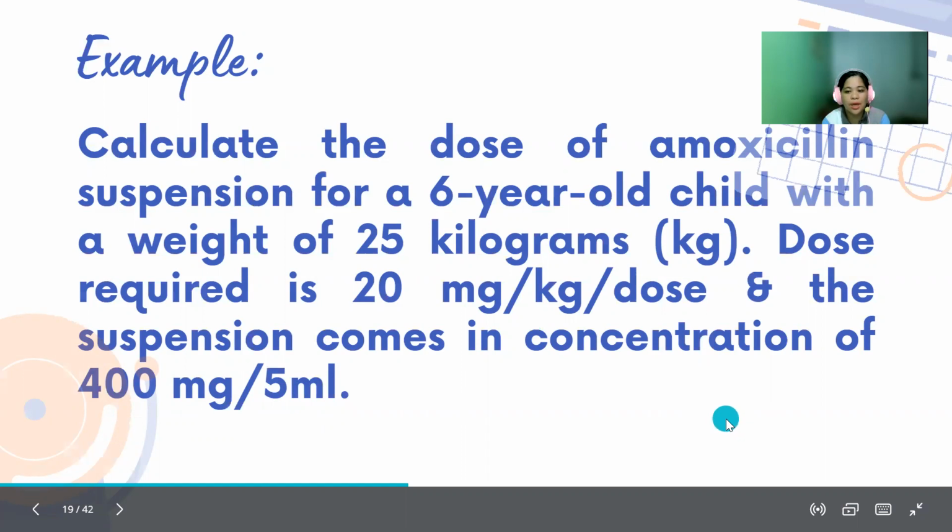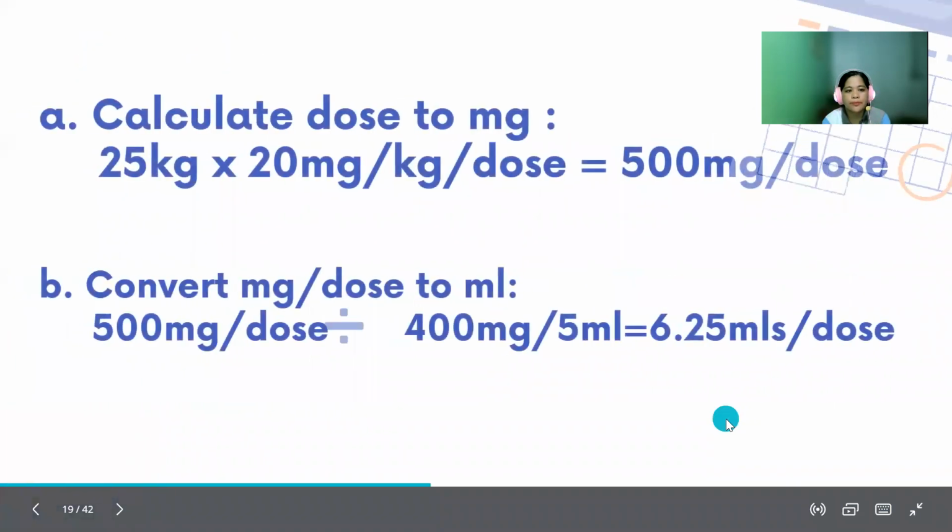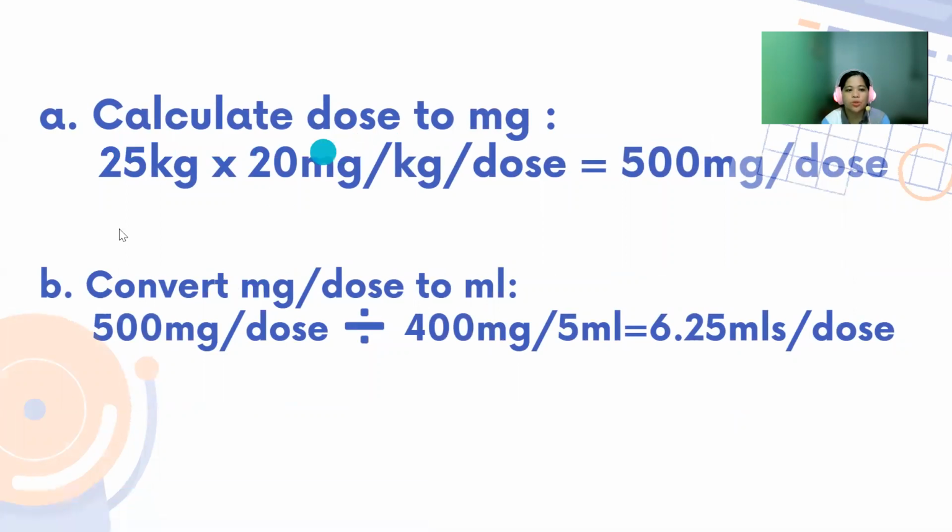So how would you do that? So first, calculate the milligrams. So 25 kilograms times 20 milligrams per kilogram per dose equals 500 milligrams per dose. Just multiply 25 times 20.